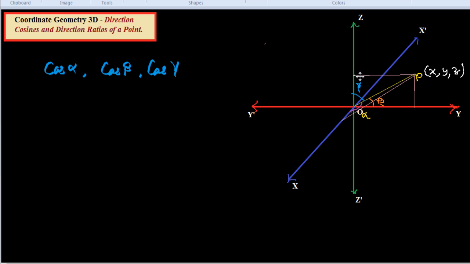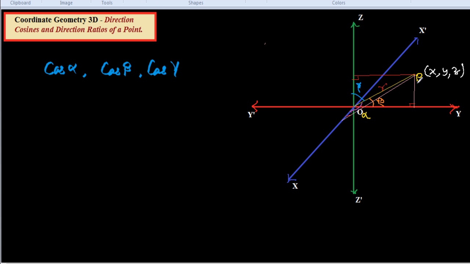This perpendicular we have drawn on all the axes from point P directly. So you see here, this angle is 90 degree, this angle is 90 degree, this angle is 90 degree, and OP, we assume that the distance of OP is r.